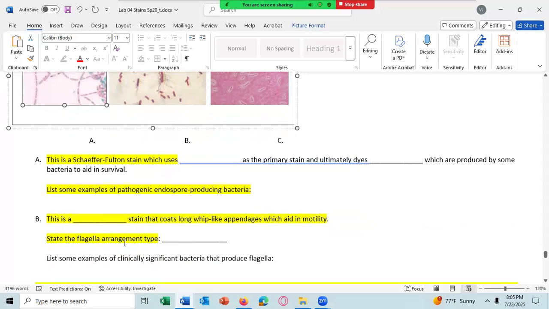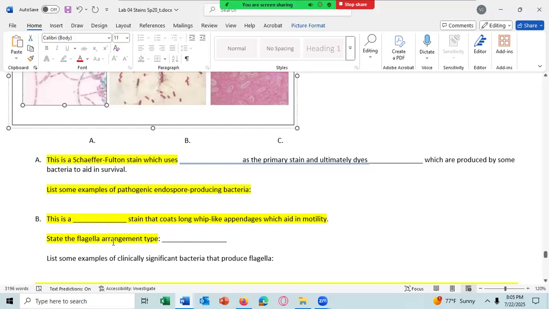And then for procedure 5, 2B, this is what type of stain that coats long whip-like appendages which aid in motility. So if the bacteria move, what type of stain are we using to show the structure that causes the cell to move?